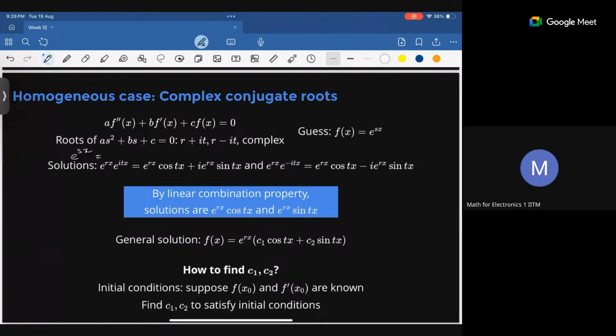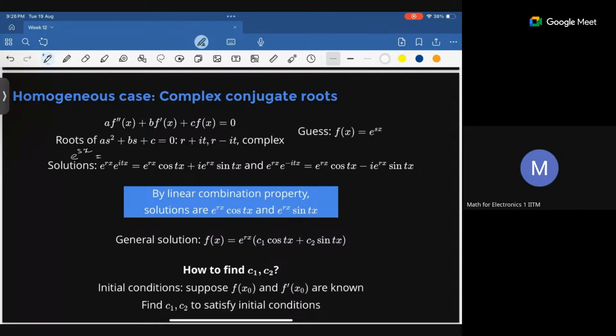Right, so therefore, the general solution looks like e power rx into c1 cos tx plus c2 sin tx. And again, you can also prove this. You can take this, take the derivative, double derivative, and substitute it and see that this will also be the solution.